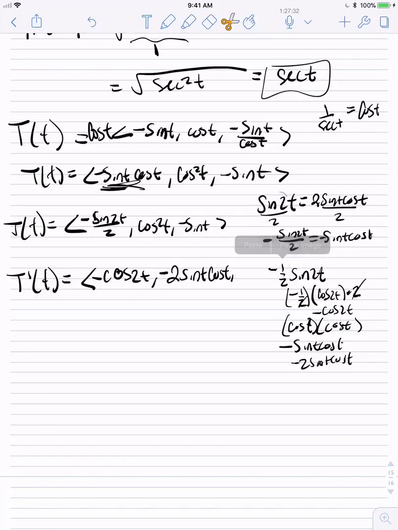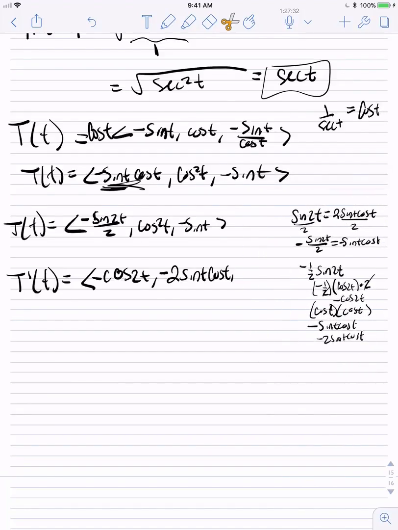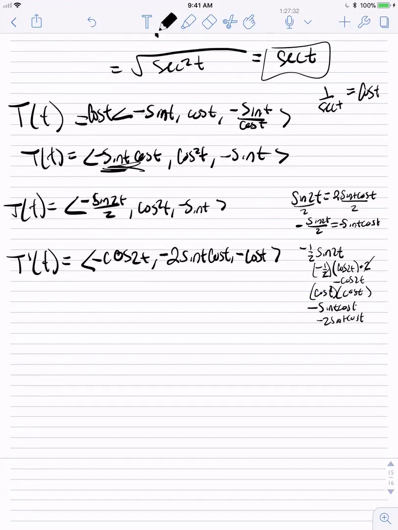And let me move this. Derivative of a negative sine would be a negative cosine t. And that is our T prime of t.